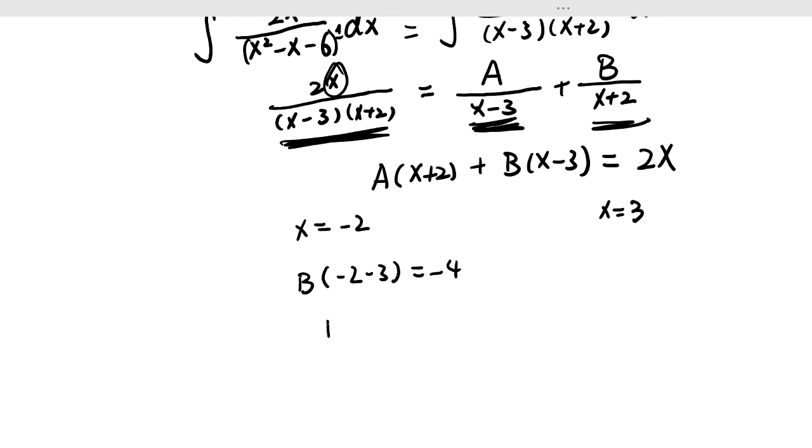So here we have B times -5 equals -4. So B is -4 over -5, which is 4 over 5.